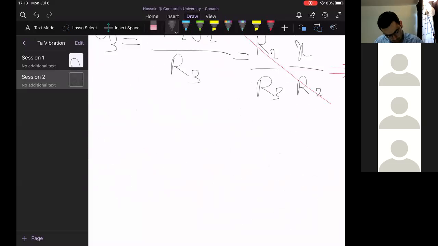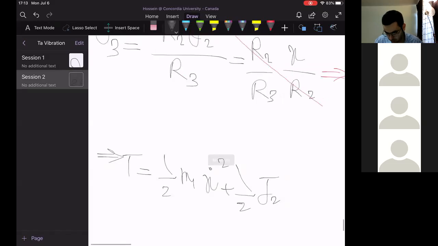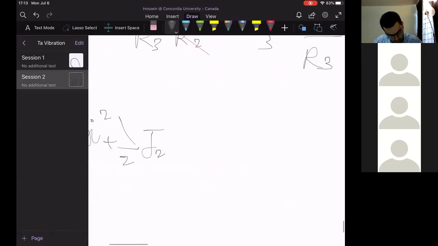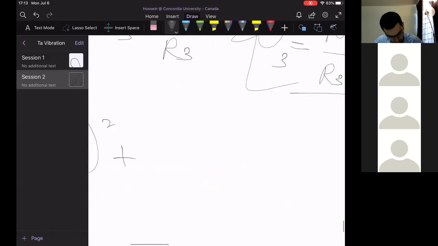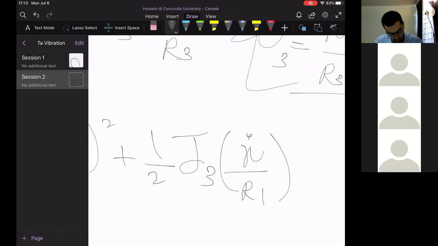Okay, therefore T would be 1/2 m1 x dot squared plus 1/2 j2 times x dot over r2 squared plus 1/2 j3 times x dot over r3 squared.